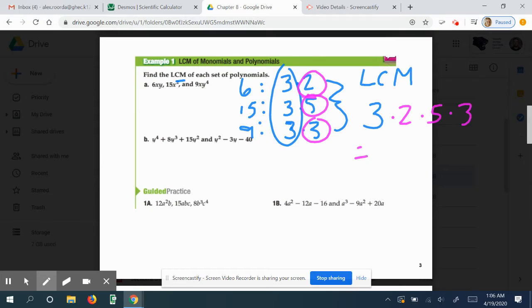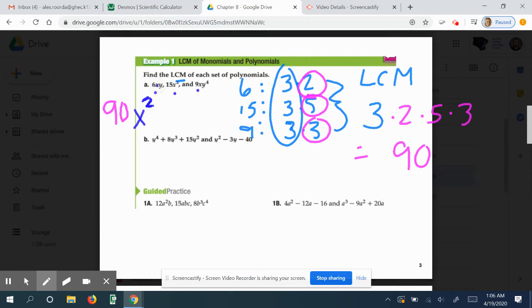And so if you multiply all those together, 3 times 2 is 6, times 5 is 30, times 3 is 90. So the least common multiple for the number part, which is always the hardest part actually, is 90, right? Then I say, okay, well, this term has 1 x, this one has 2 x's, and this one has 1 x. So the least common multiple of all of them would be 2 of them, right?